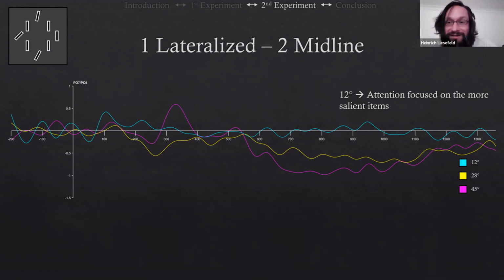So a theoretical possibility here is that there is indeed an N2PC to the 45-degree tilted object, which is overlaid by a later starting positivity, which would be totally in line with the serial attention allocation. It's really too early to tell, but at least I think it's a theoretical possibility that what we see here is really serial attention allocation to each object in the order of saliencies. But that's early data, as Martin said. Thank you, that helps me understand this. Sorry, I meant to mention that the PD could cancel the N2PC a bit, but I forgot.